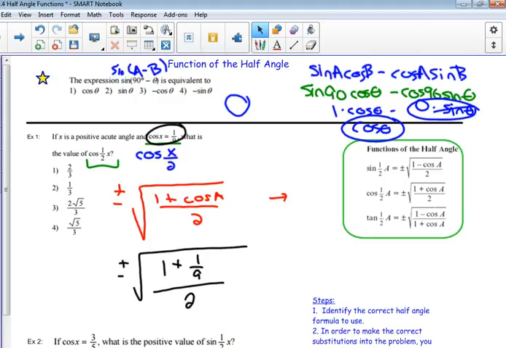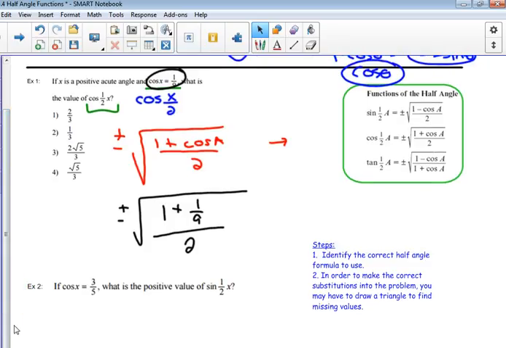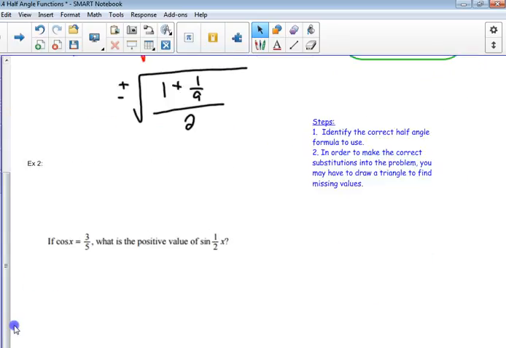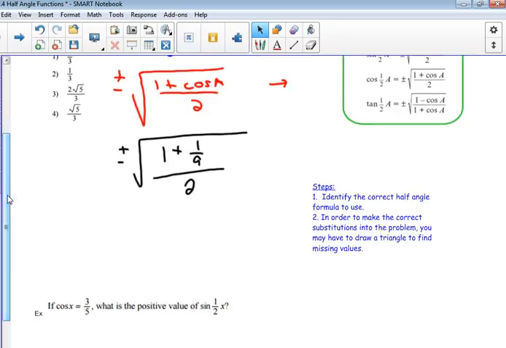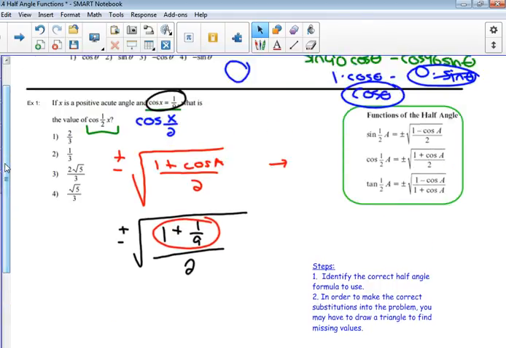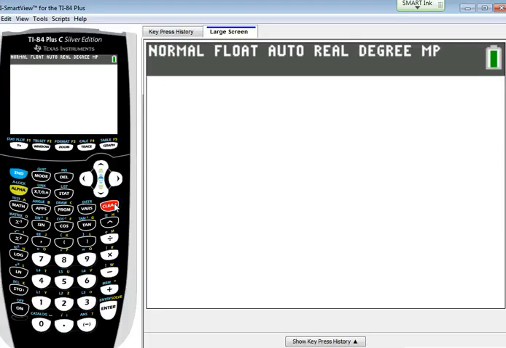We have to be very careful with our math in here because this whole thing is underneath a radical. So let's be careful with this. Simplify the top part first. Let's simplify 1 plus 1/9. If you need a common denominator, yep, good, it should be 10/9. I like that you can do this without having to use the calculator.